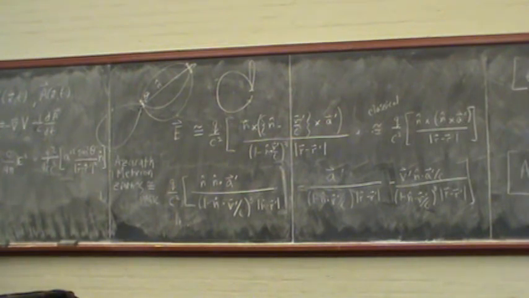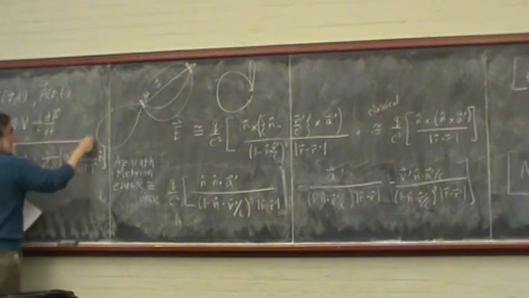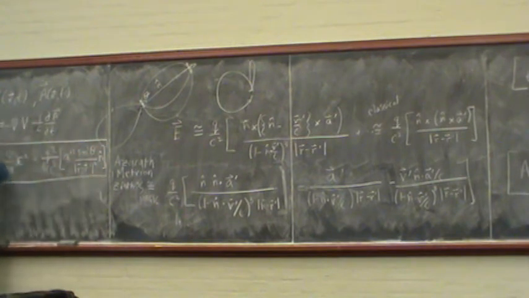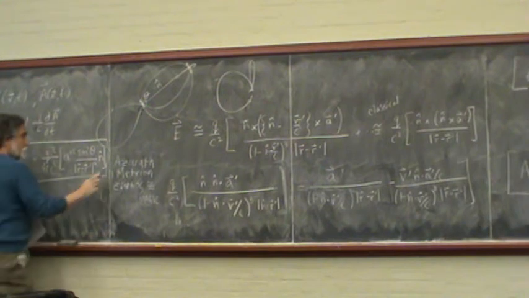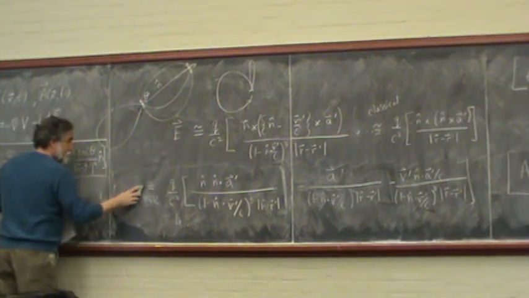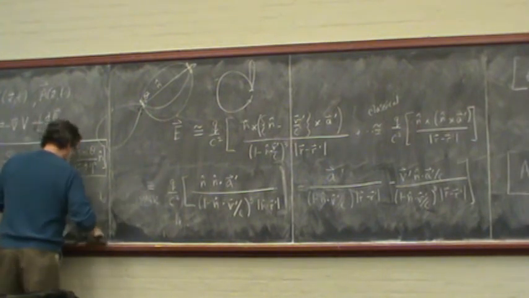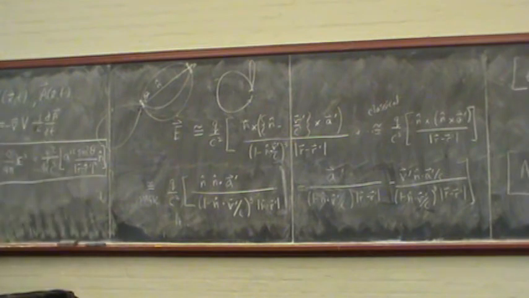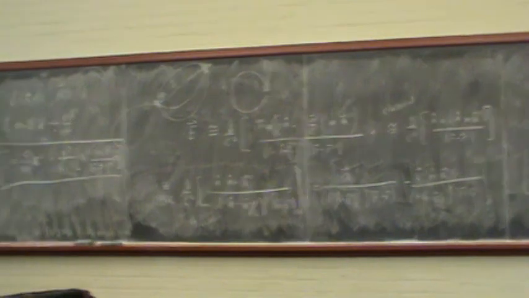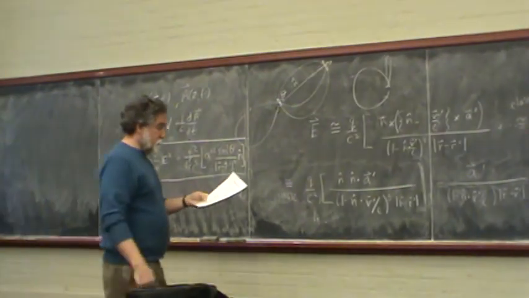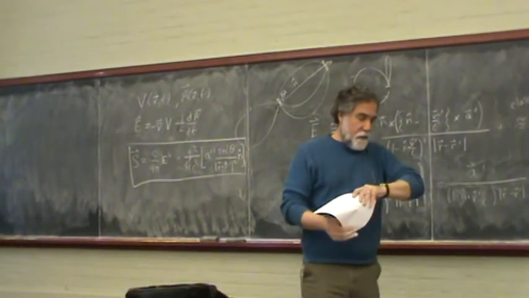And that is then the Poynting vector. The joke is done here, so I can erase that. Okay. Easter egg. So that's the dipole radiation pattern.